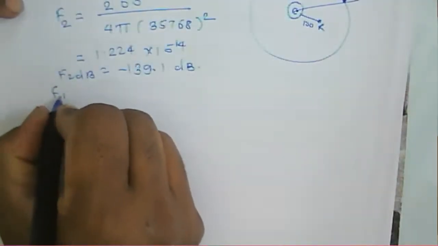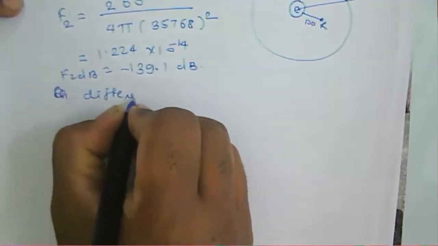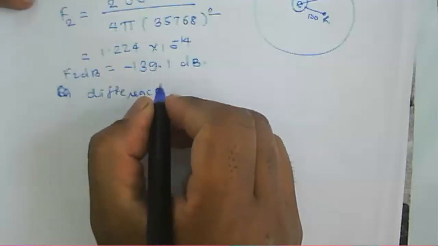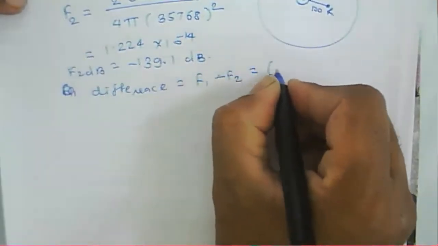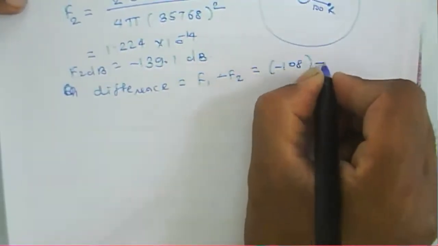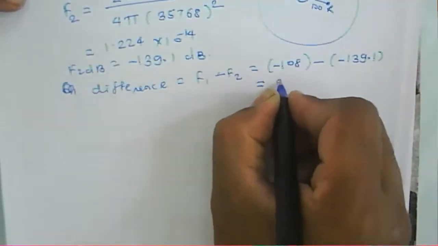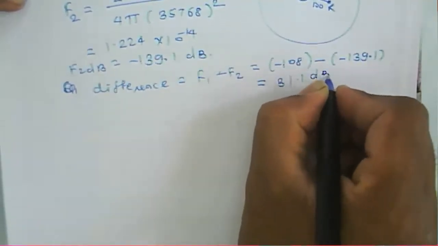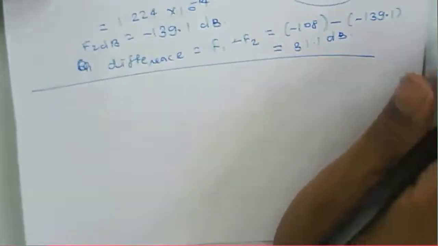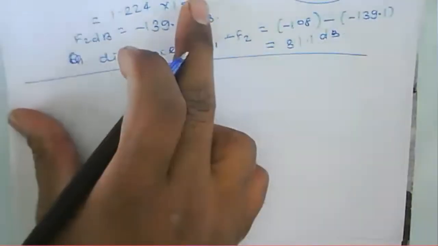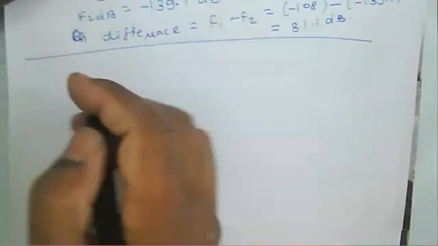Then the difference is F1 minus F2, equal to minus 108 minus minus 139.1 dB, and that difference will be 31.1 dB. That is the difference. So this is the statement to obtain the difference for your particular link.